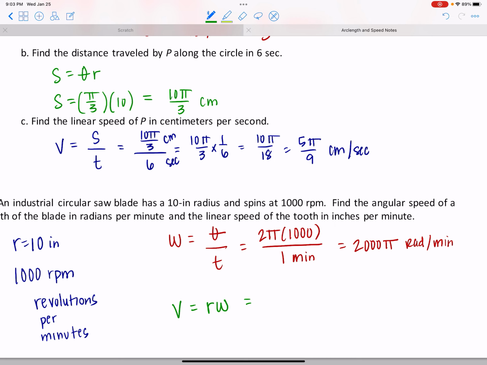So we're going to take our radius that they gave us of 10, and we're going to multiply by our angular speed, which we just found was 2000 pi. And so when we multiply by 10, we're basically just going to add a 0, which means this is going to be 20,000 pi inches per minute.